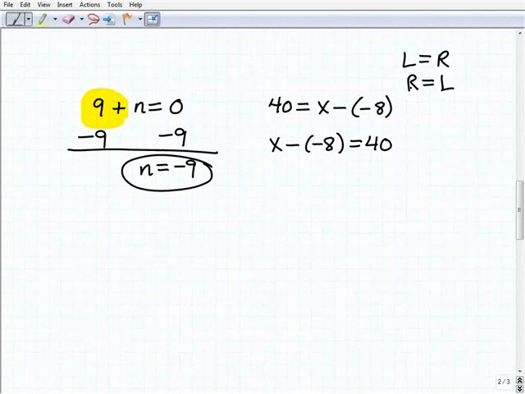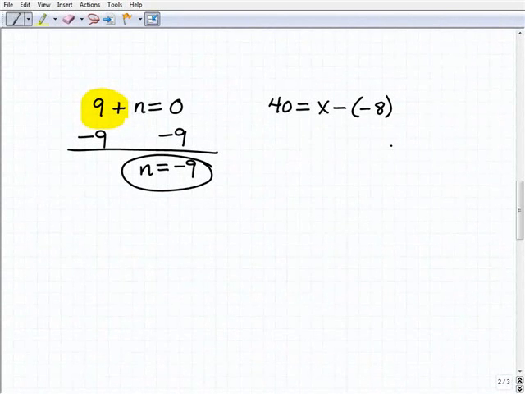Now, of course, this is the right-hand side, and this is the left-hand side, but hopefully you get the concept here. Now, in an equation like this, the first thing you want to do is recognize what this means right there. So what's a minus of a minus 8, or the opposite of a negative 8? This might not technically be a true one-step equation, but that's okay.